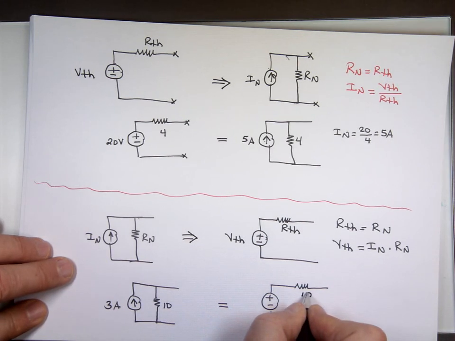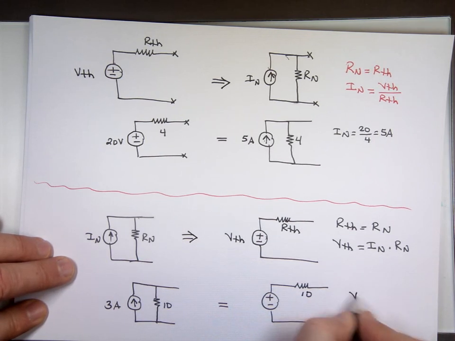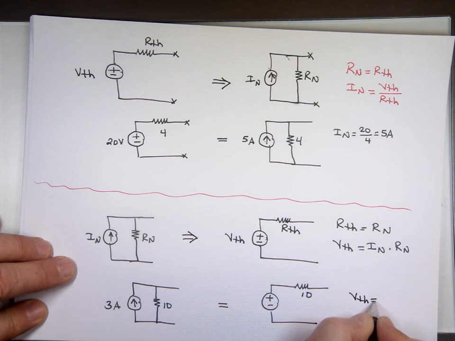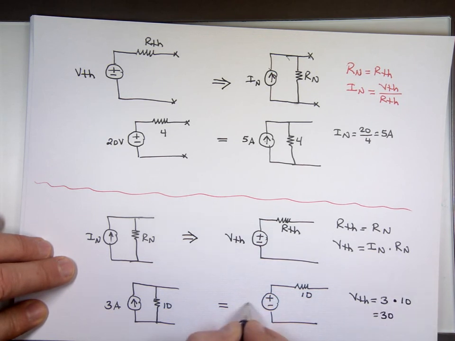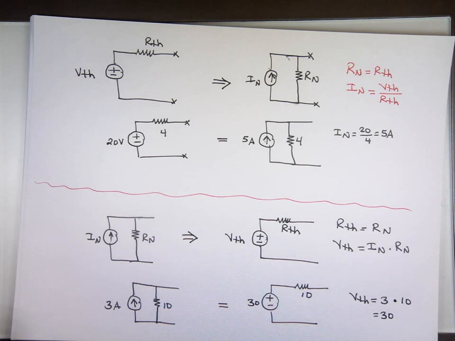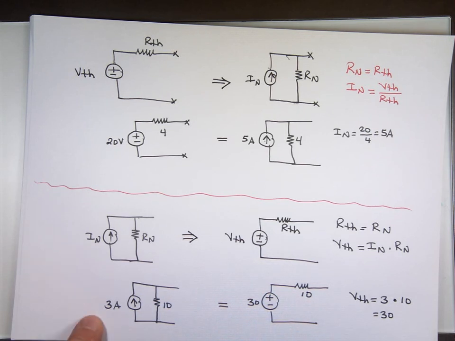V Thevenin now, Ohm's law is going to say I Norton, which is 3, times the resistor, which is 10, and that's 30 volts. So if you take a voltage source of 30 volts in series with 10, that's equivalent to a current source of 3 amp in parallel with the 10. And that's the relationship between Thevenin and Norton.